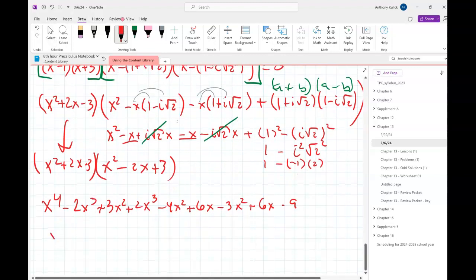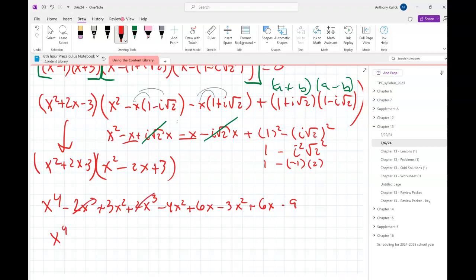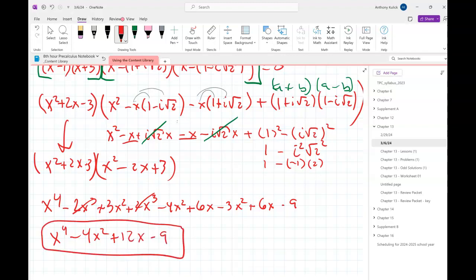So let's see. I have an x to the fourth. Those guys give me 0. I have 3, -1, and -4 x squared. 12x minus 9. That should be my final answer.